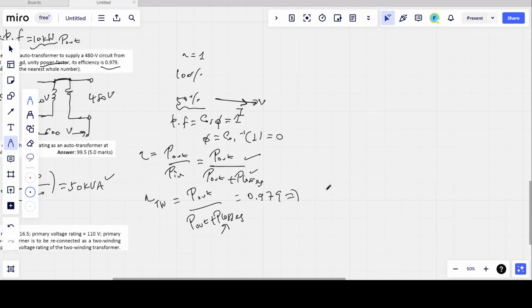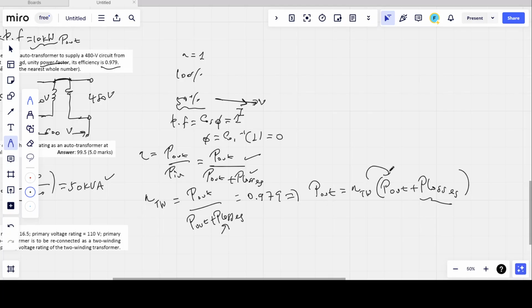So this implies that P output, and then if I do my cross multiplication, I have P output plus power losses. Cross multiplication. Now I need this as the subject of the formula.